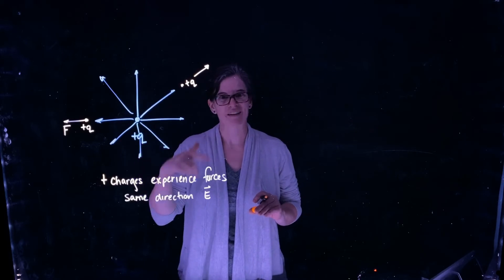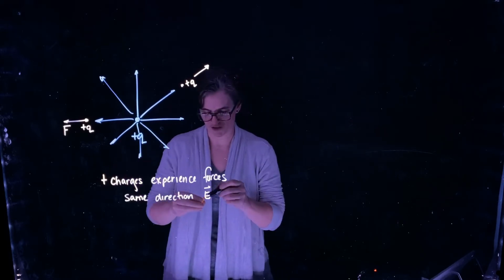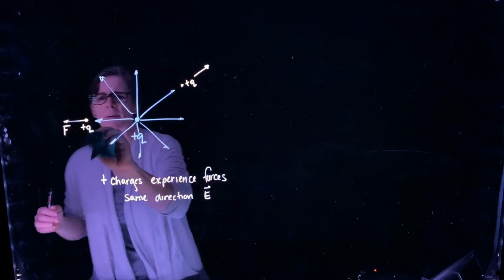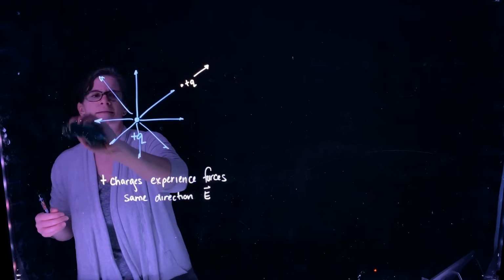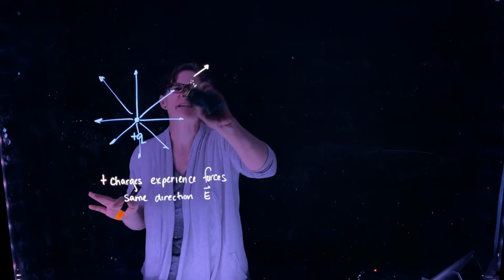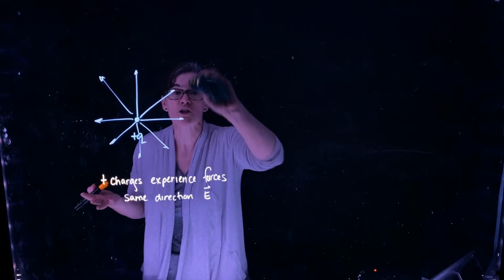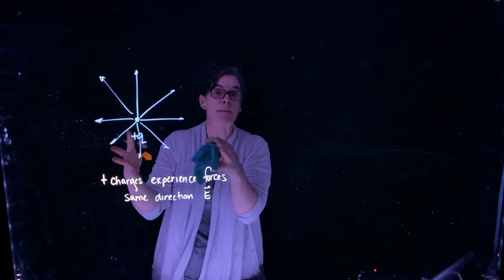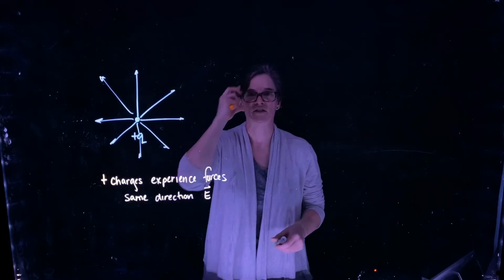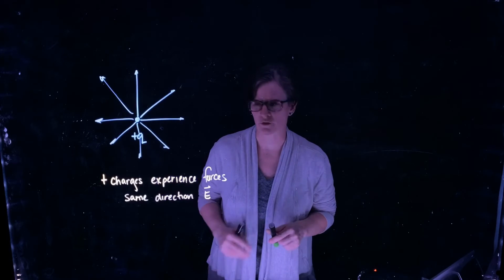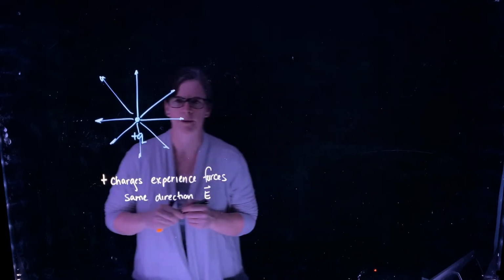Okay, what if I have a negative charge? I get rid of my positive charges, and I put a tiny little negative charge in there. Again, not one that can influence the space very much. I mean, it still is going to because it's a charged particle, but this is a much bigger particle, a much bigger strength of charge, and so it has huge influence over the electric field. The other one is too tiny to worry about.